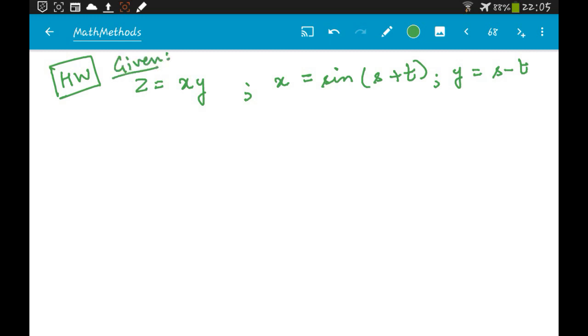So this is given, and you have to find ∂z/∂s and ∂z/∂t. These are the two things that you have to find.